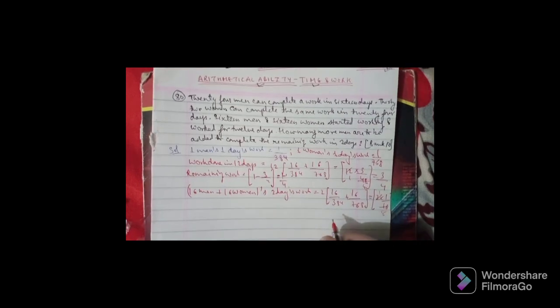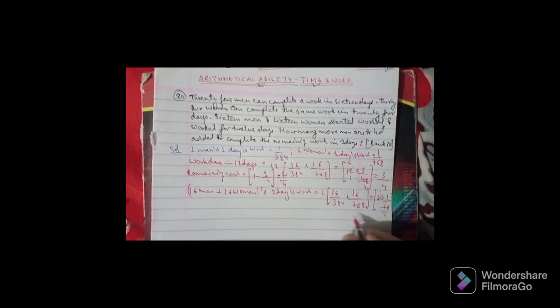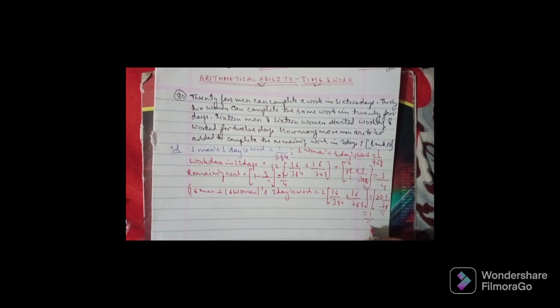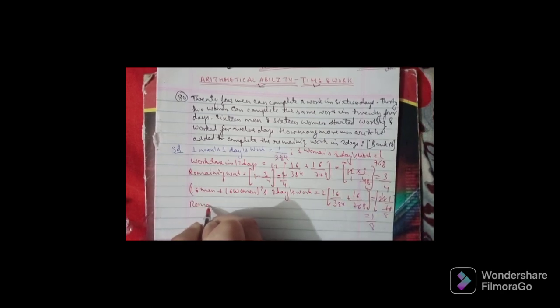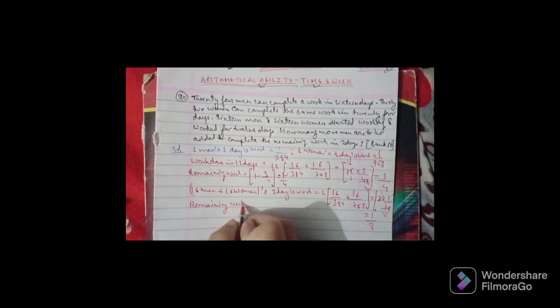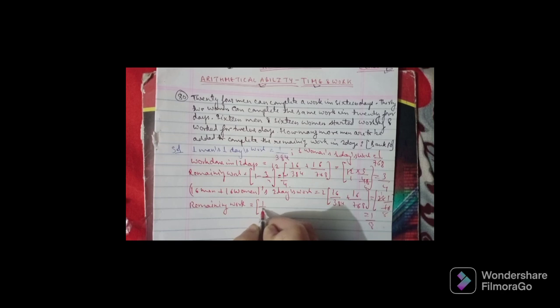It will be 1 by 8. So the remaining work equals 1 upon 4 minus 1 upon 8. It will be equal to 1 upon 8.